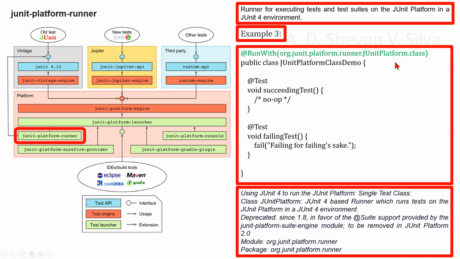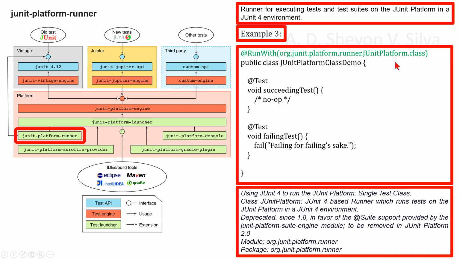JUnit platform runner is a JUnit 4 based runner which enables you to run tests whose programming model is supported on the JUnit platform in a JUnit 4 environment, for example, a JUnit Jupiter test class.